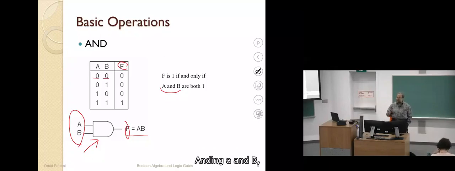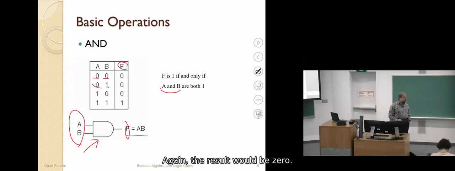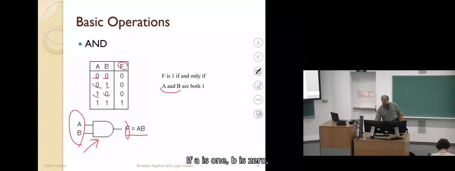ANDing A and B, if both of them are 0, would be 0. If A is 0 and B is 1, again the result would be 0. If A is 1 and B is 0, then again the result would be 0, because one of them is 0. But if both of them are 1, then the result would be 1.